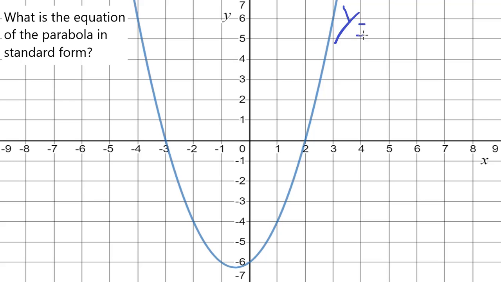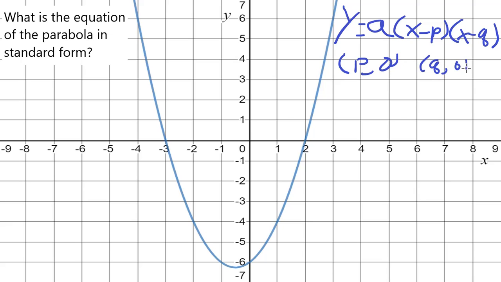Once again, intercept form is y equals a times x minus p times x minus q, where (p, 0) and (q, 0) are roots. Okay, so our roots are this point here, which is (2, 0), and this point here, which is (-3, 0).